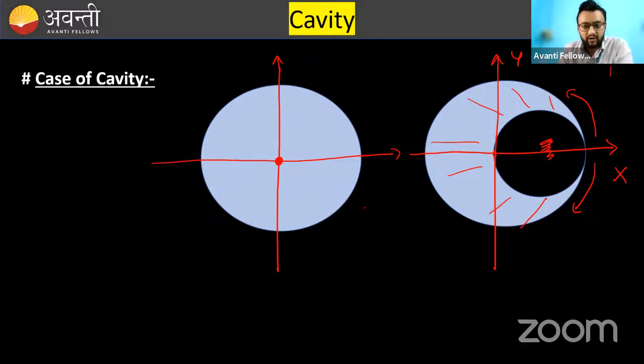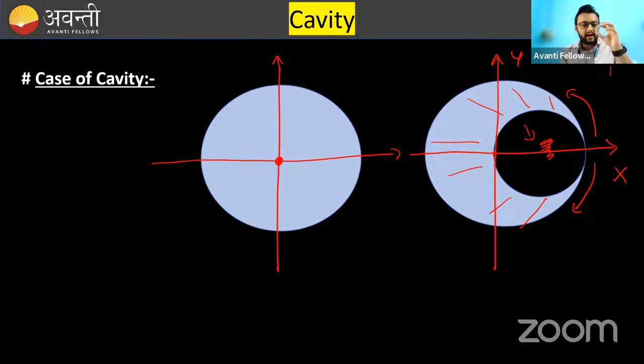Second thing, now I will introduce the concept of negative mass. Negative mass is nothing but an assumption, a trick actually. Don't think more about the negative mass; this is a general practice.